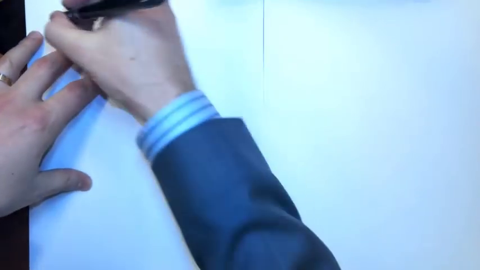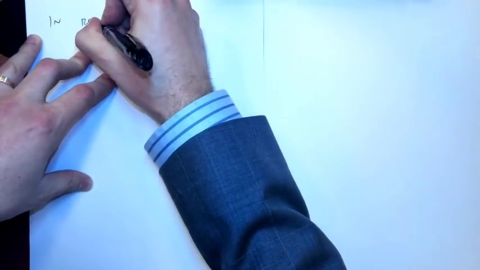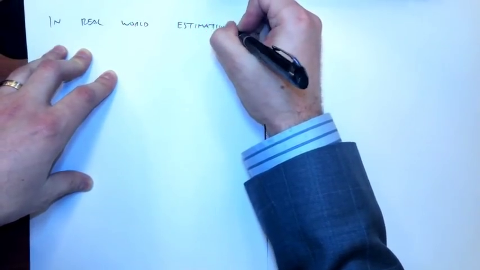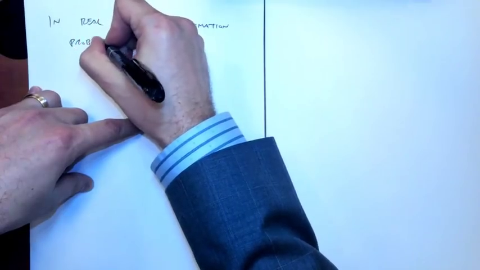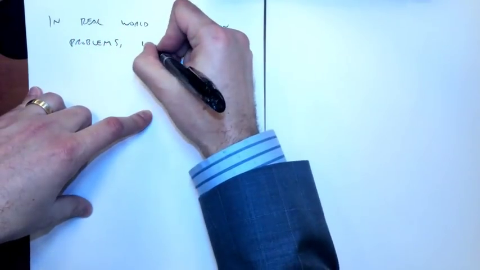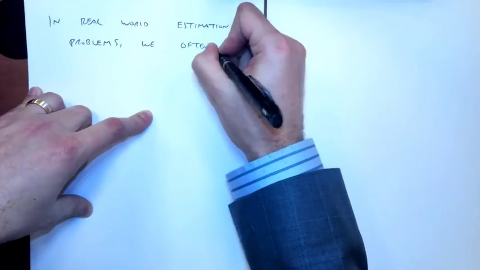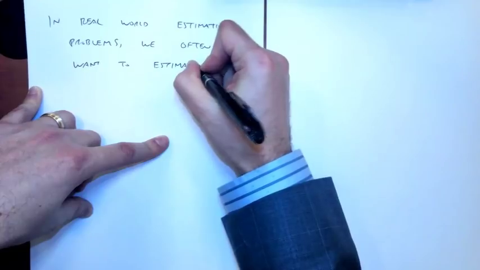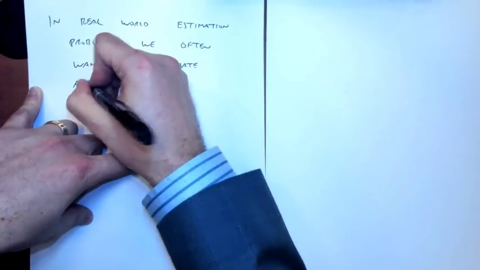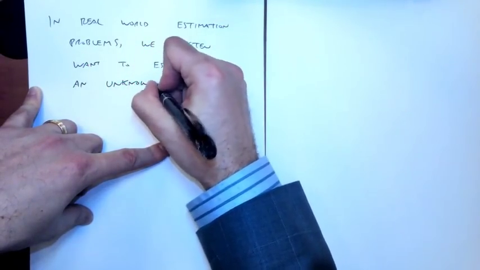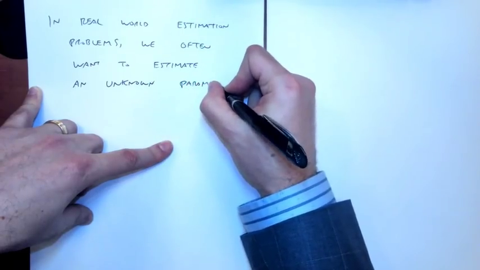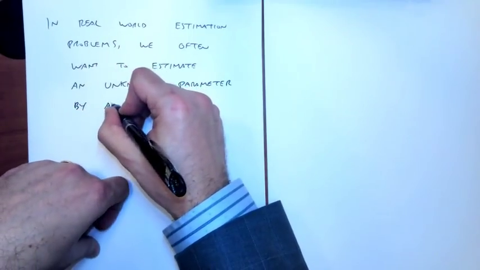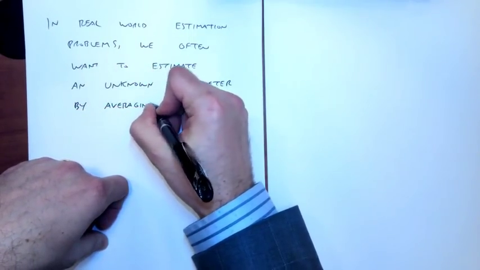So in real-world estimation problems, we often want to estimate, that's why they're called estimation problems, an unknown parameter by, for example, averaging a bunch of samples.